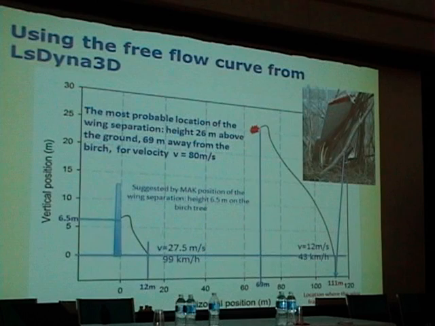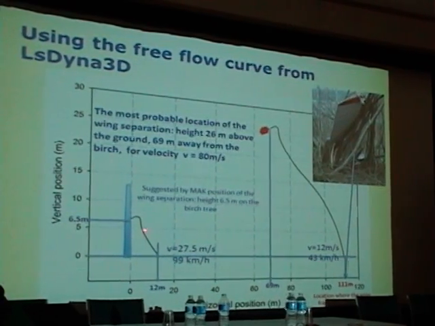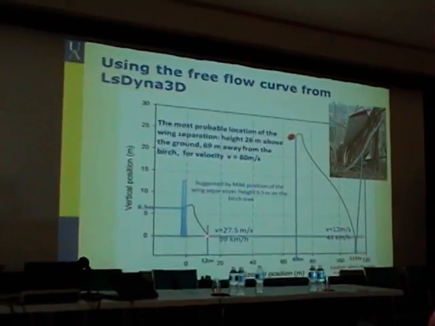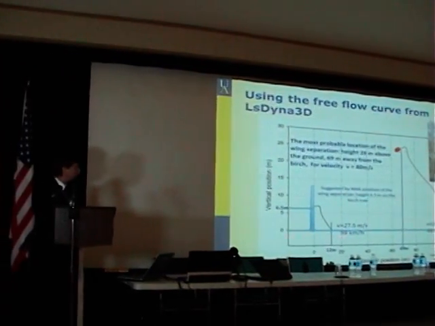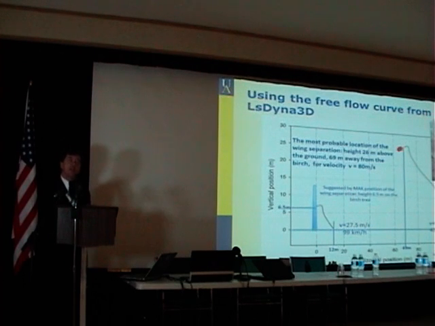So let's attach this particular free flow curve to the birch. Well, we know that it's 6.5 meters from the ground. So if the airplane hit the birch at this position, that curve tells us that the wing has to hit the ground only 12 meters away, not 111 meters, but only 12 meters away.